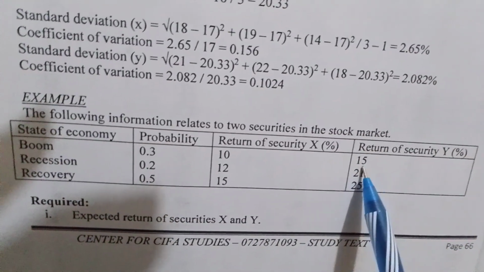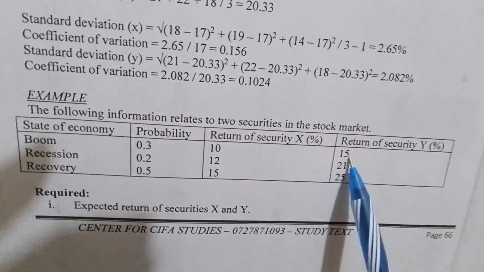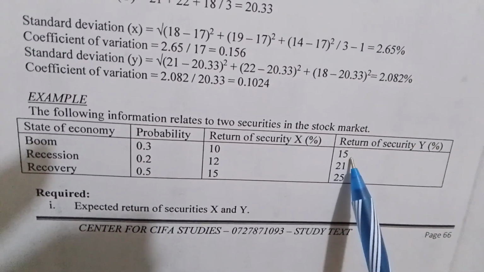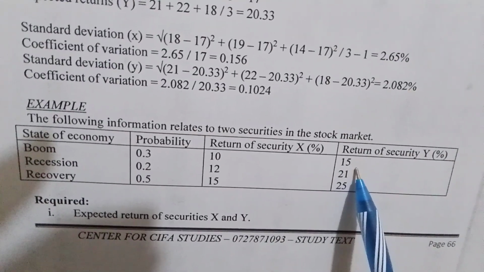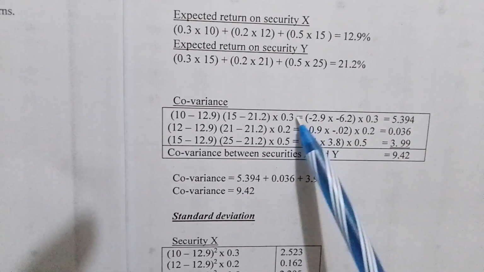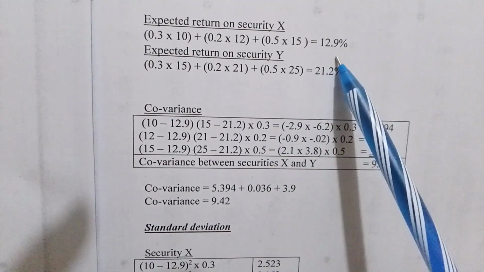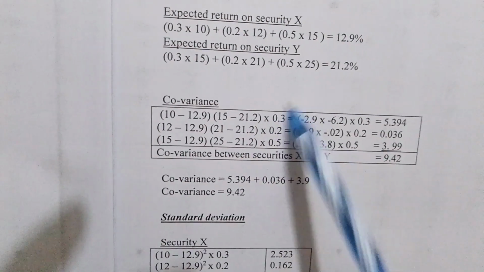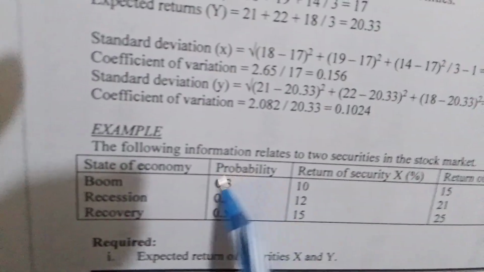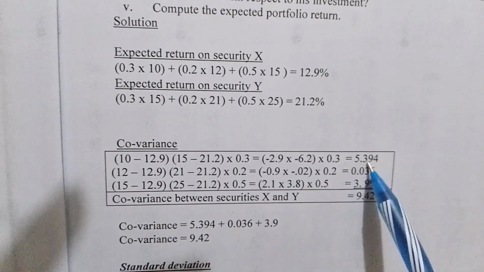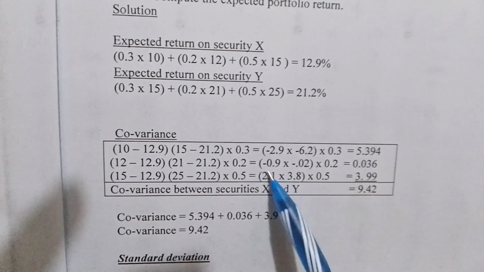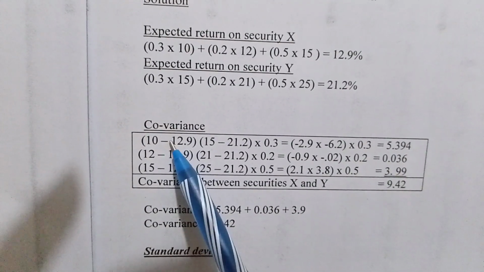Now the return for security Y, 15, that is 15 minus the expected return which you have calculated, which means 15 minus 21.2, then you multiply by the probability, which is 0.3. That is at the boom. You work out that first, and what you get is 5.394. So that was for the boom.